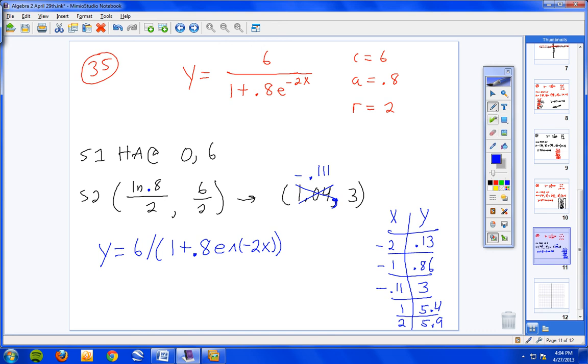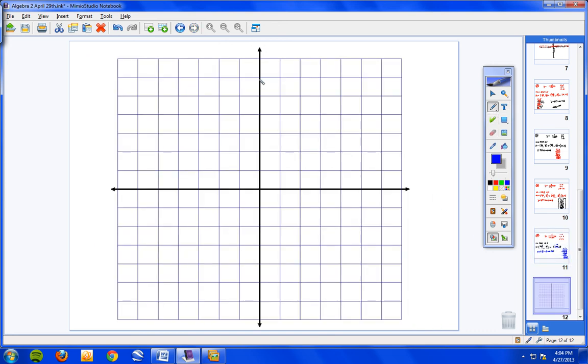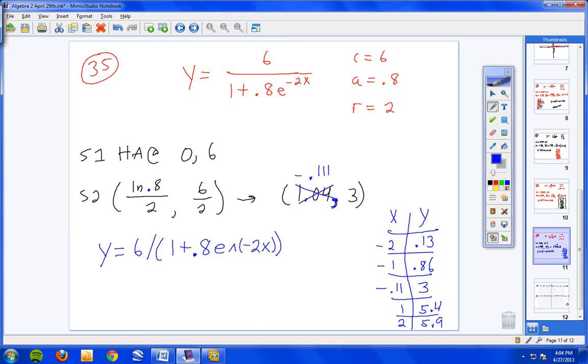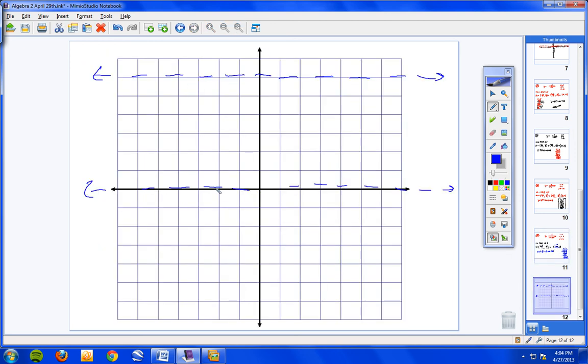So good deal. Get this over with. All right, we have horizontal asymptotes at 0 and 6. So I'm going to go ahead and use blue this time. There's one dotted line at 6 right there, and then another dotted line at 0 going across. Now, table of values, my first ordered pair is negative 2, 0.13. So negative 2, 0.13, that would be just about right there.